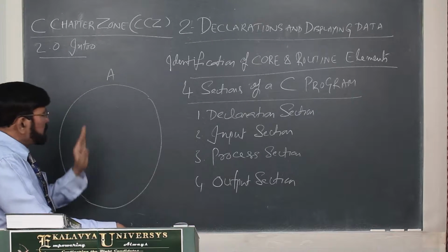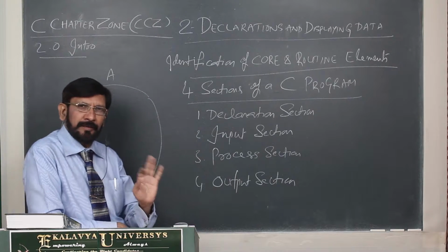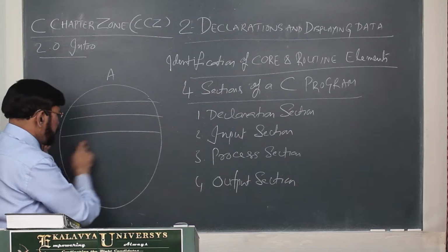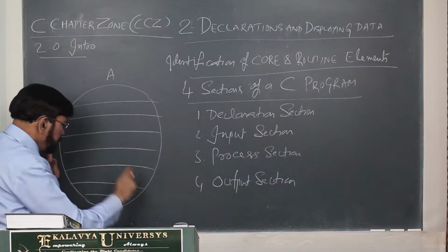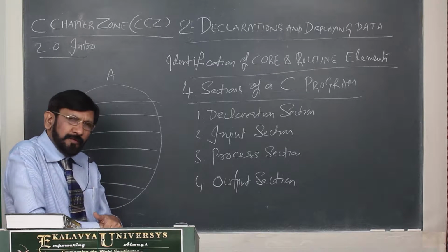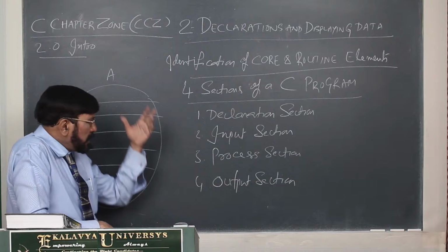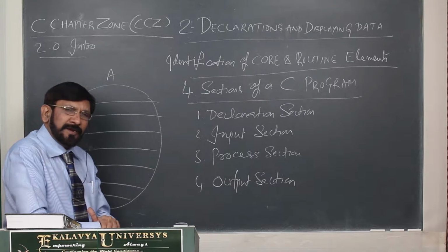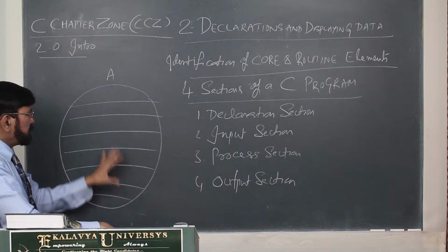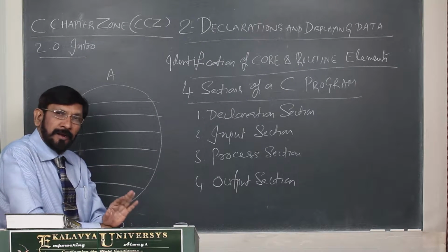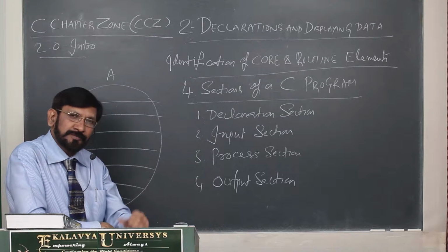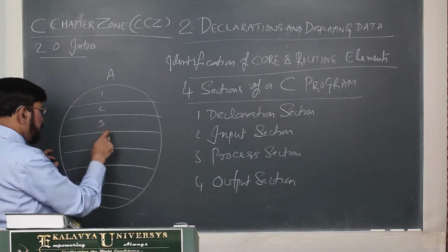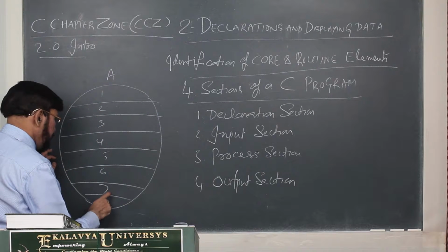First, without forming any idea over the job, analyze the job. What is the nature of the job? What are the elements in the job? If you analyze and identify the elements, you can identify certain parts that are routine jobs and certain parts that are very crucial jobs where more attention is required. Suppose here 1, 2, 3, 4, 5, 6, 7, 8.